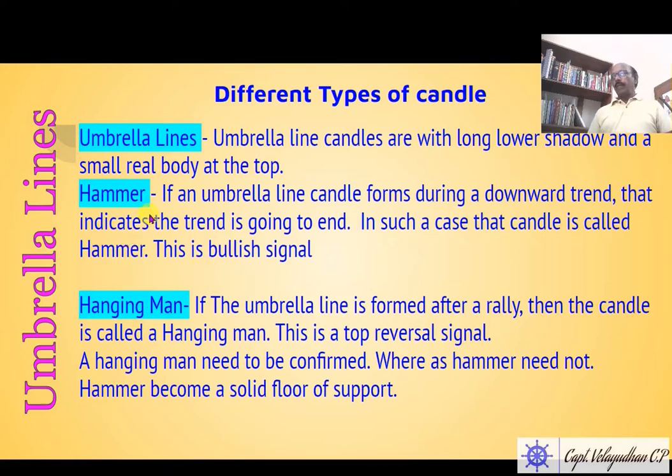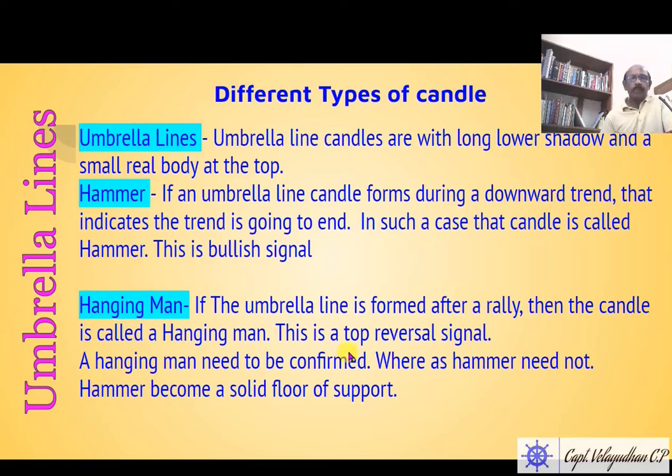If an umbrella line candle forms during a downtrend, that indicates the trend is going to end. In such a case, the candle is called a hammer. This is a bullish signal. If the umbrella line is formed after a rally, then the candle is called a hanging man.